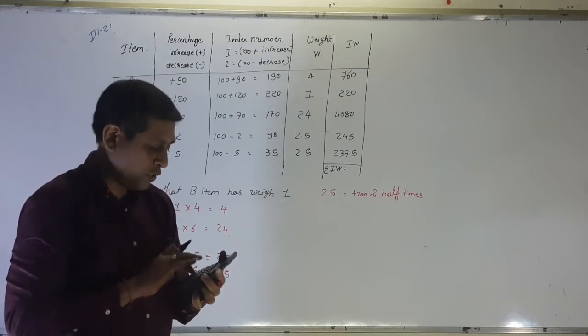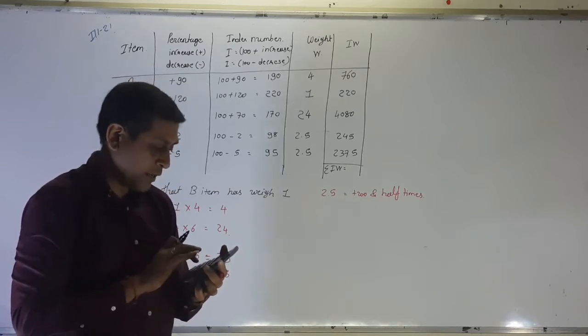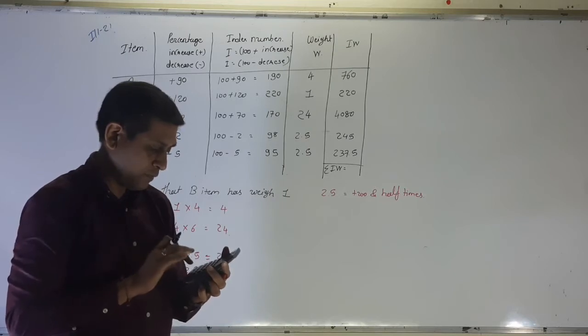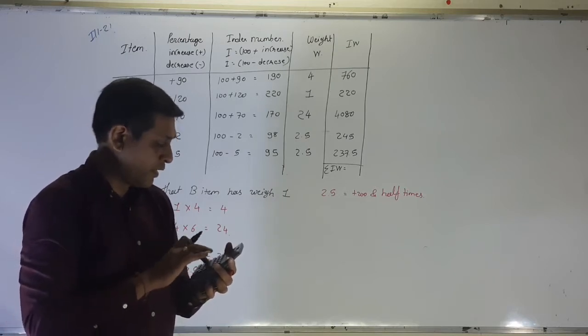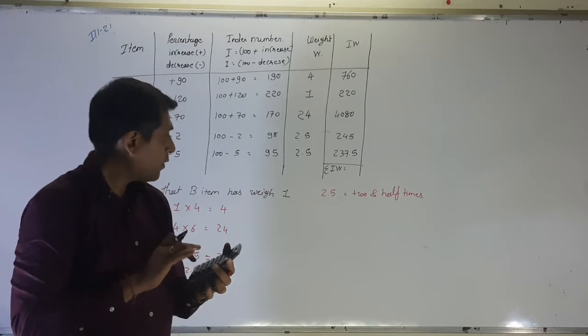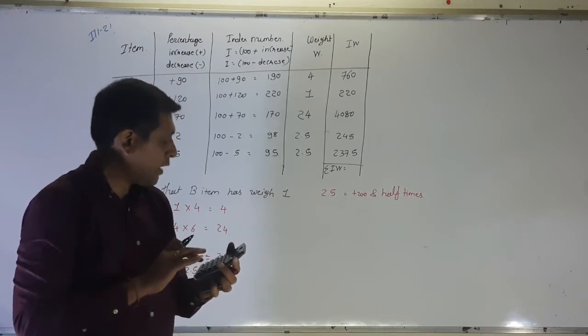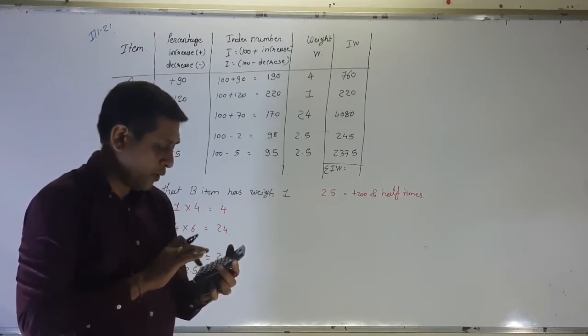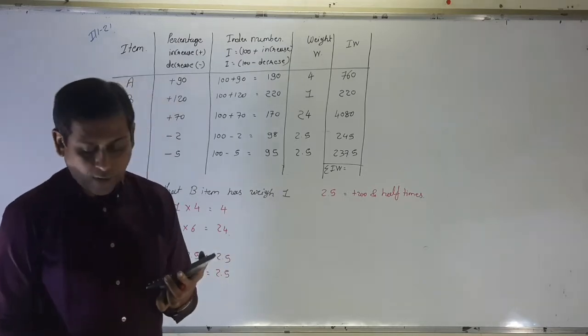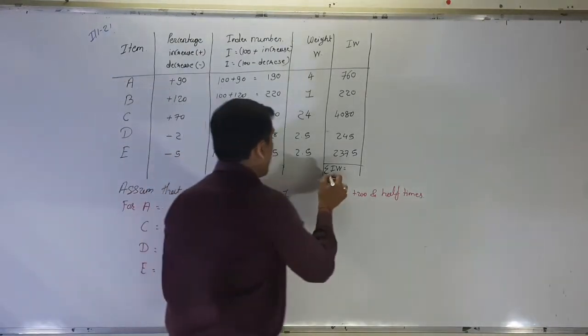So sigma IW is equal to the total: 760 plus 220 plus 4080 plus 245 plus 237.5. The answer is 5542.5.